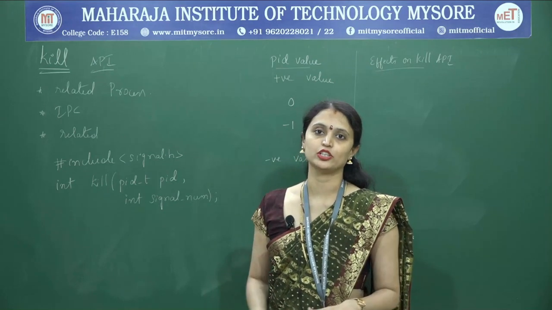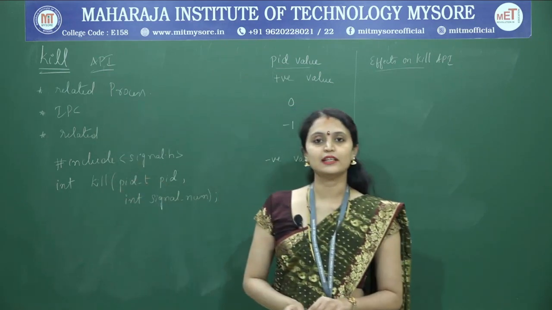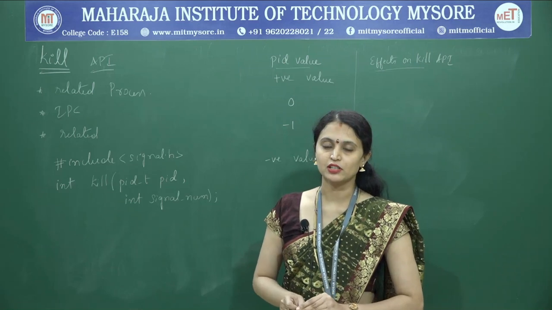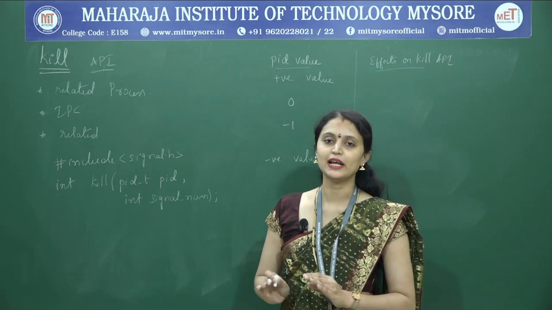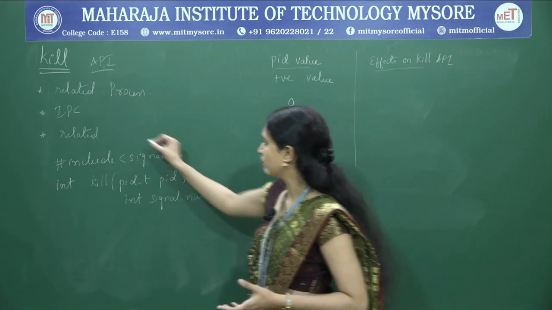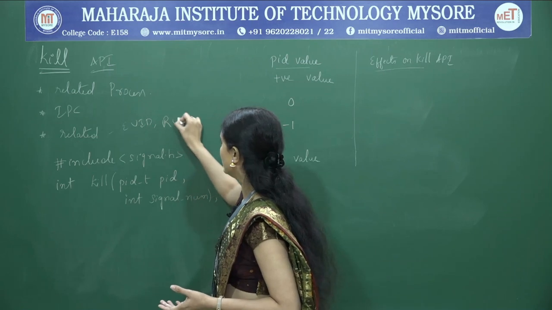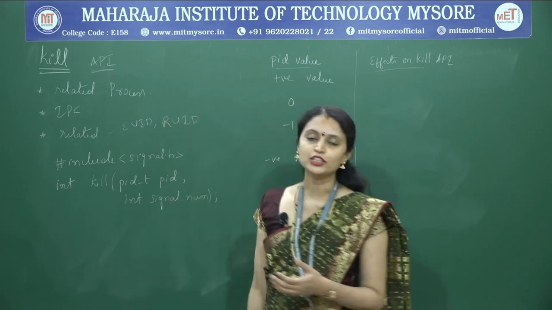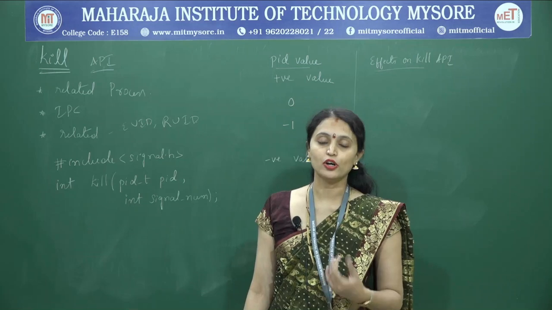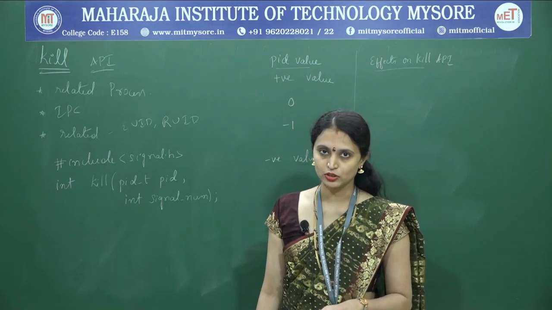The sender and the recipient process should be related to each other, such that the sender process's effective user ID and real user ID match the recipient process, or else the sender process must have the superuser privilege.